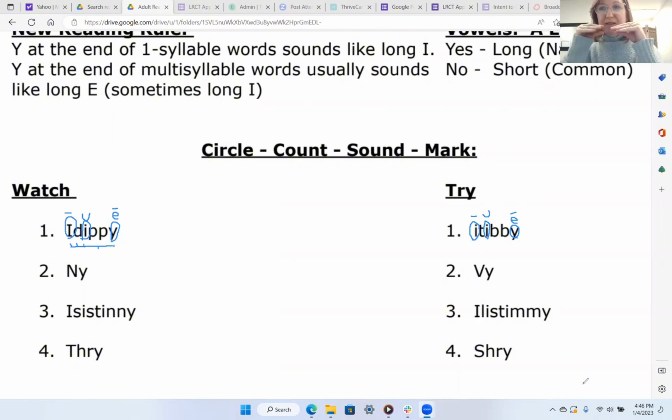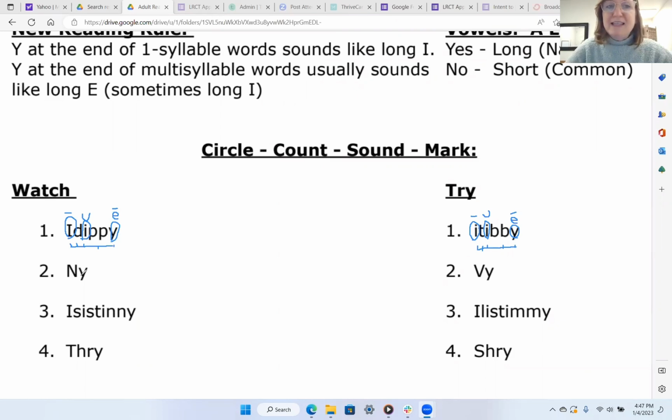I can see you working on the sound of that short I from here. Okay, so let's pencil read it. I, T, I, B, E. I, tibby. I, tibby. Nods, yeah? Did you get that one? Good. I'm getting a couple squints. Did you get that? Okay, next one.